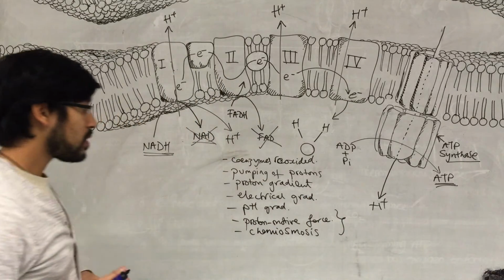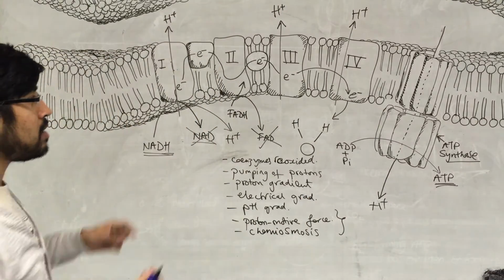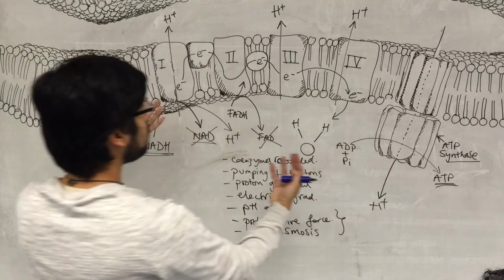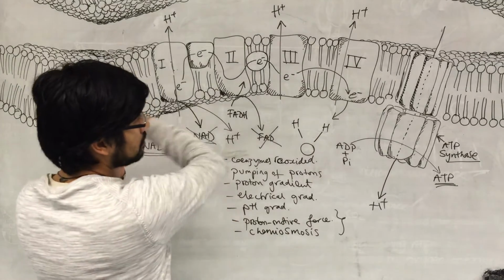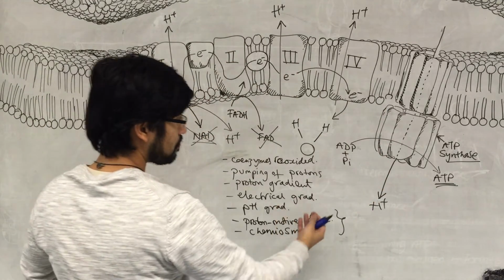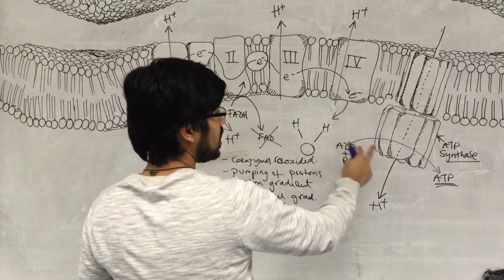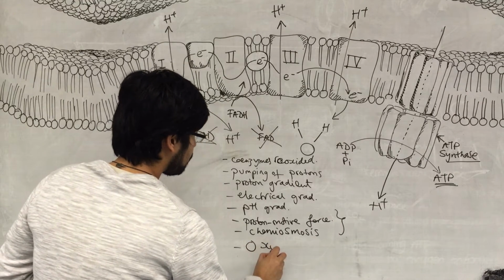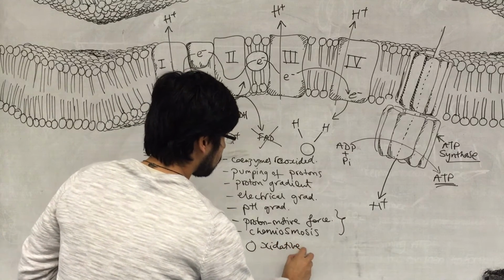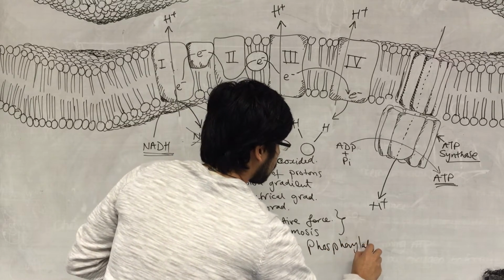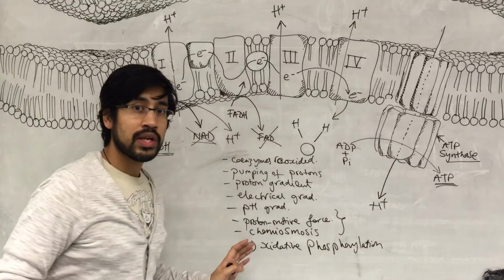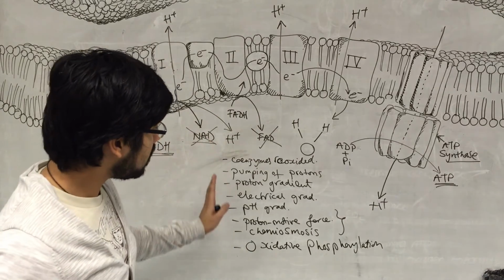Okay? Chemiosmosis. And the process that couples oxidation and phosphorylation in general, this thing, combined with the phosphorylation of ADP, is oxidative phosphorylation. Okay, so these are the kind of key things.